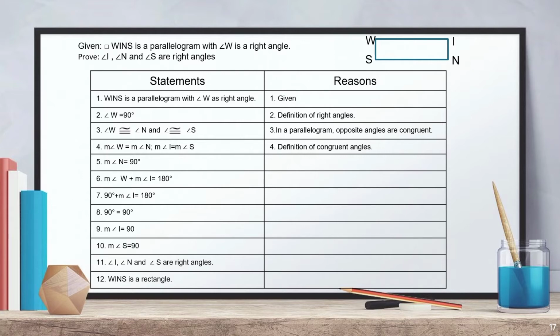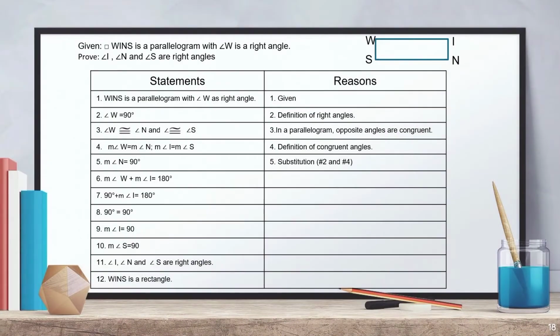Since measure of angle W is equal to measure of angle N, and W measures 90 degrees, so therefore we can say that measure of angle N is equal to 90 degrees also. Reason is by substitution. So we refer our answer or solution from statement number 2 and statement number 4. Statement number 6, we have there, measure of angle W plus measure of angle I is equal to 180 degrees.